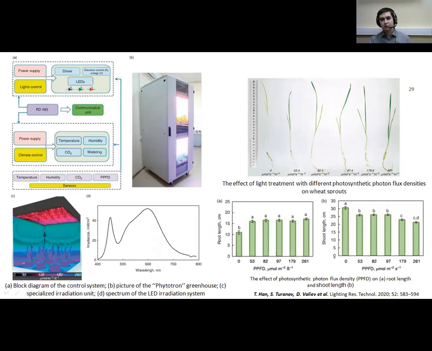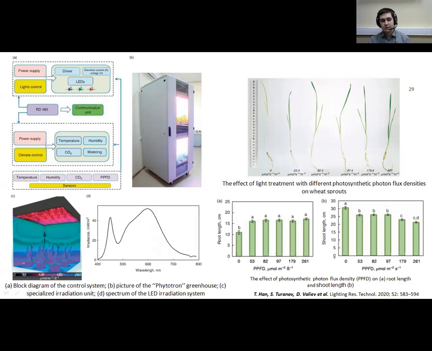So the light flux was provided by a specialized irradiation unit, which allowed us to manipulate the LED's emission, I mean the PPFD, while the spectrum was constant and did not change. A control system for the phytotron, we call this installation a phytotron, was developed for the technical implementation of automatic lighting.